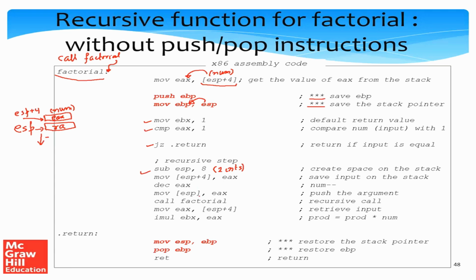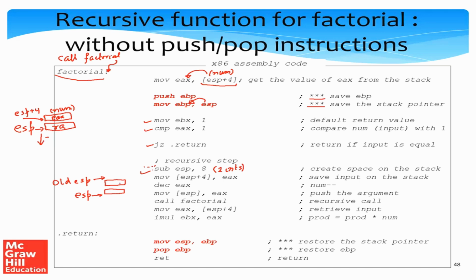And at ESP, let me consider if this is the stack pointer. Assume that this is the old value of the stack pointer, prior to this instruction. This is pointing over here. So if I subtract it by 8, I'm creating actually 2 slots to save 2 integers, right?